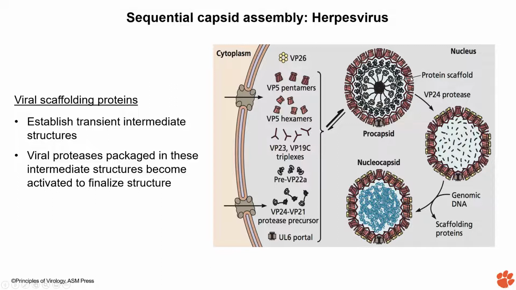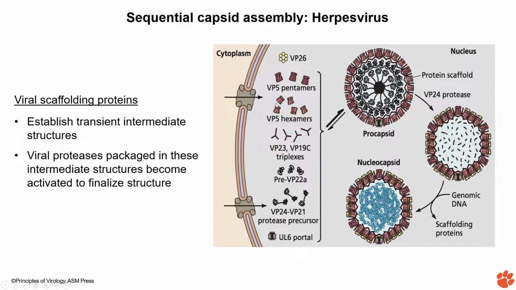The dark ones are the VP5 pentamers, and the light ones are the VP5 hexamers. Initially, the VP5 pentamers and VP26 form a protein scaffold, and onto that scaffold the other proteins are gradually assembled.